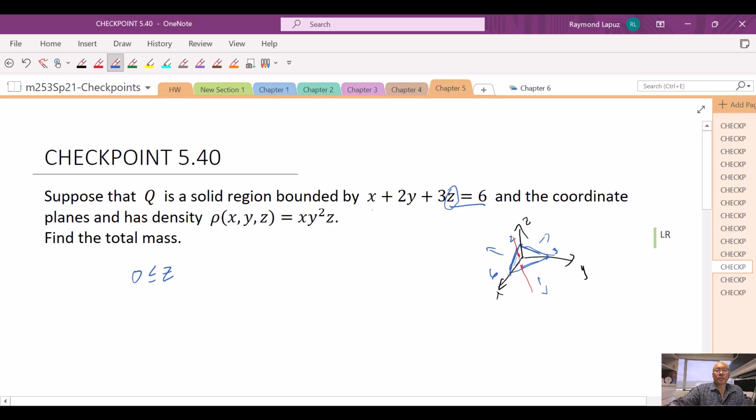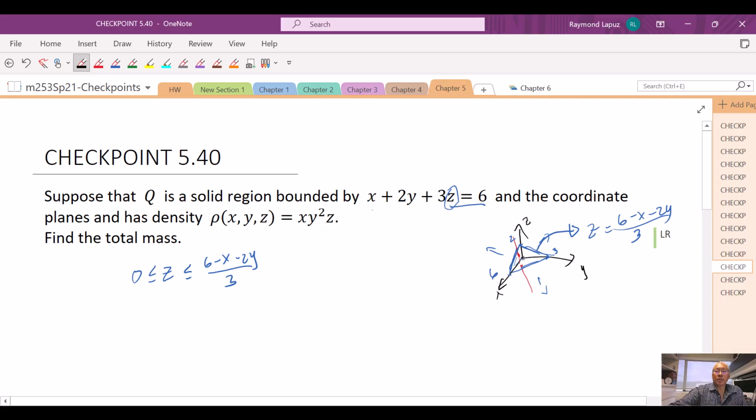And so if I solve for that, I will get z is equal to 6 minus x minus 2y, and I'll divide that all by 3. So I have 6 minus x minus 2y divided by 3, and then that would take care of the three-dimensional part of my solid.